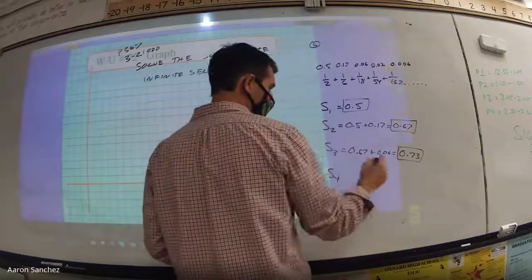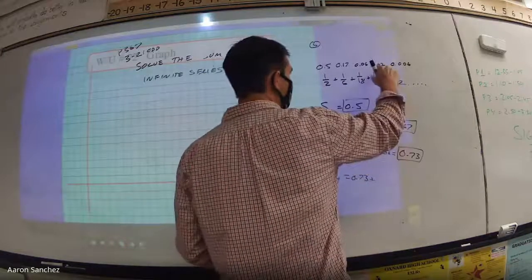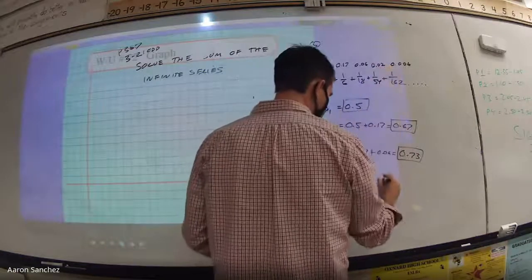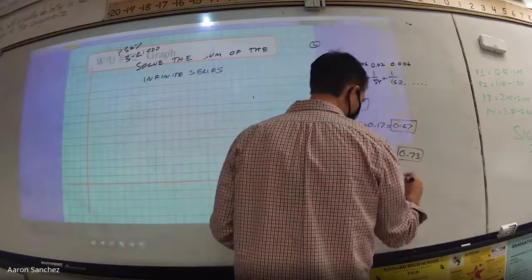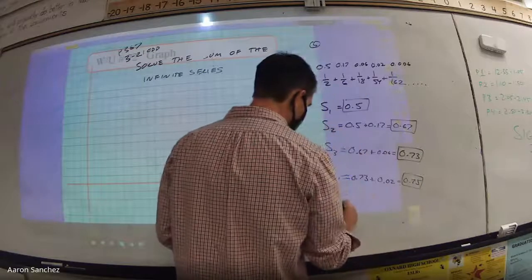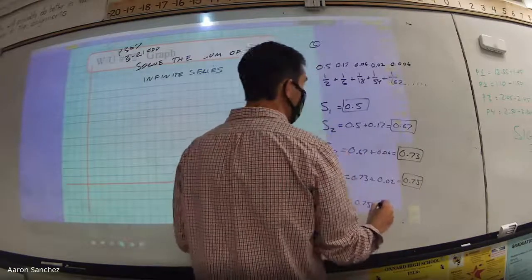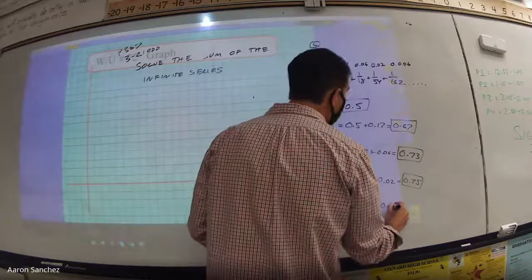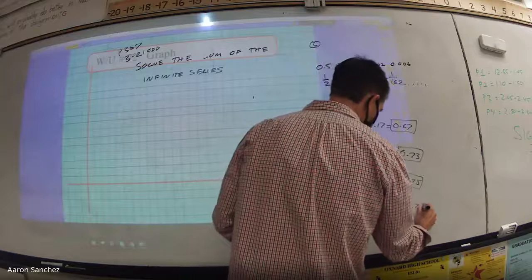First term, second term, so 0.73 plus, add the fourth term, 0.02, which is 0.75. Then let's add all five terms, 0.75 plus 0.006, which is 0.756.